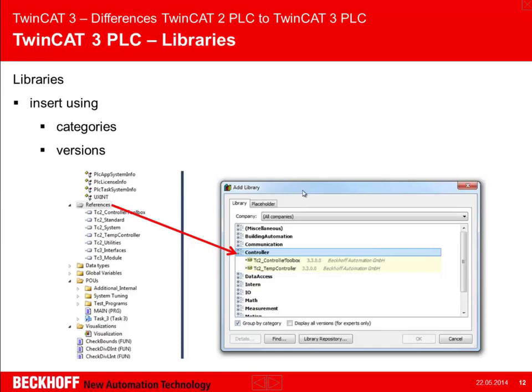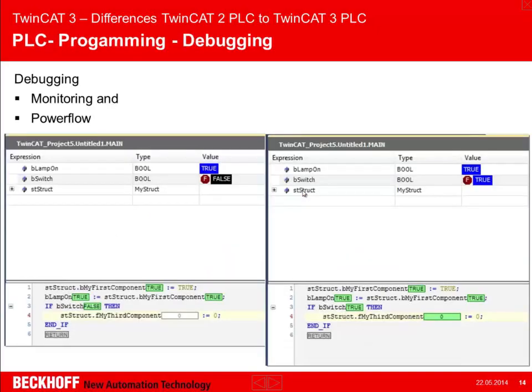Debugging is also new, and one of the first things you see is that we now have debugging for structured text which is really inside the code. So you see the variable sdstruct.be my first component, and directly behind this variable name you see the actual value, and this is true at the moment.